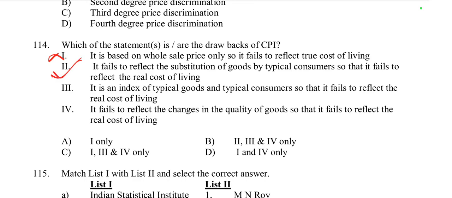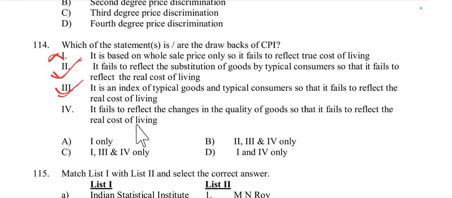Then option 3: it is an index of typical goods and typical consumers, so it fails to reflect the real cost of living. Yes, this is also a drawback because the CPI is based on a standard basket of goods and services that might not reflect the purchasing habits of all individuals or the diversity in consumer preferences.